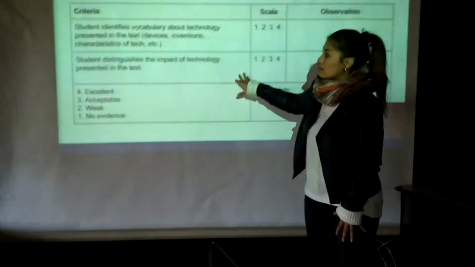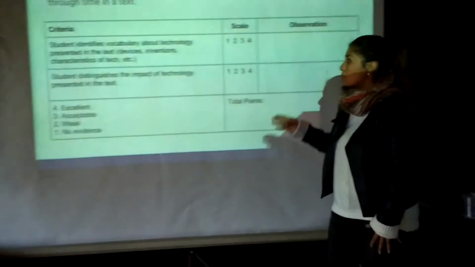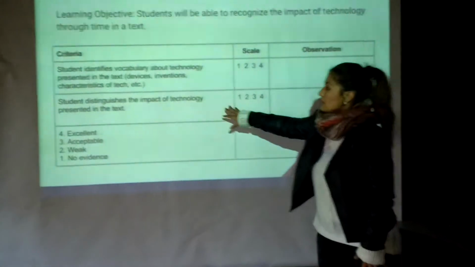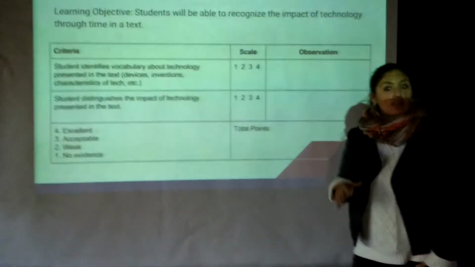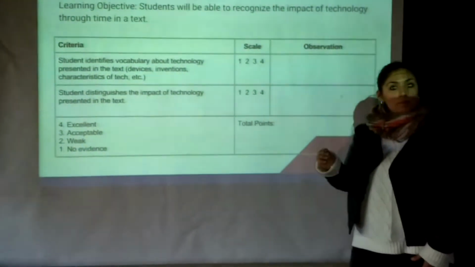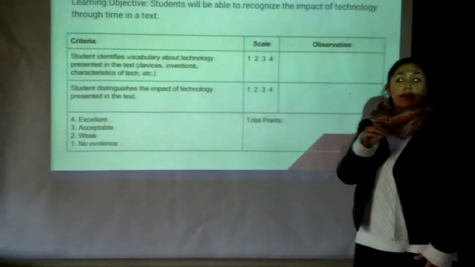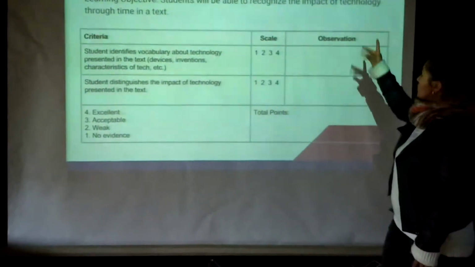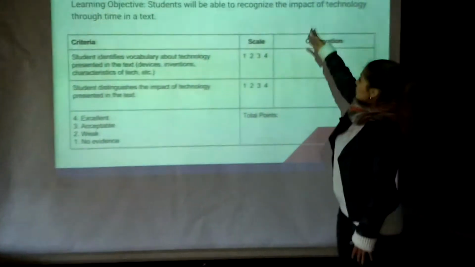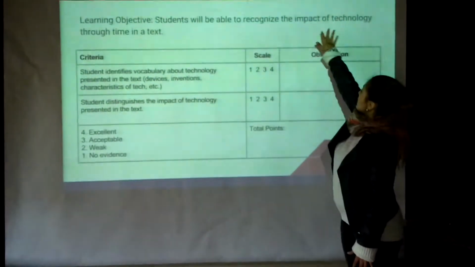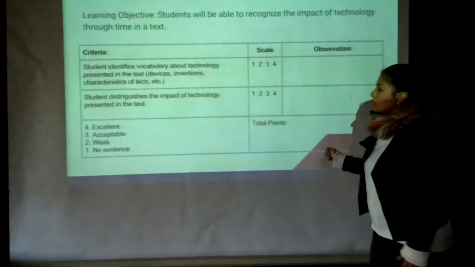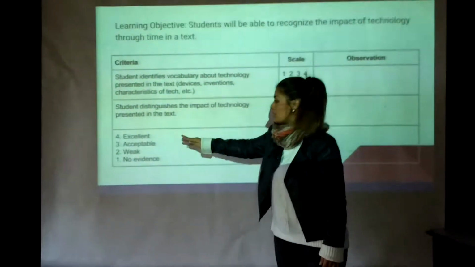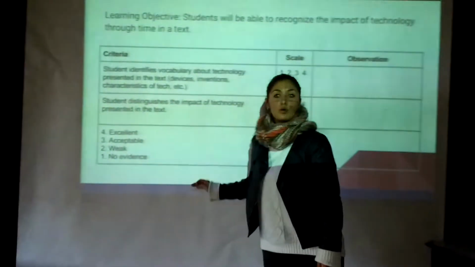And the second criterion is the student distinguishes the impact of technology presented in the text. In this part, we are going to assess if students understand the impact that technology has on their lives, and it is related to the learning objective because, of course, students have to recognize the impact of technology. We are going to have 4 points, excellent, 3 points, acceptable, 2 points, weak, and 1, no evidence.